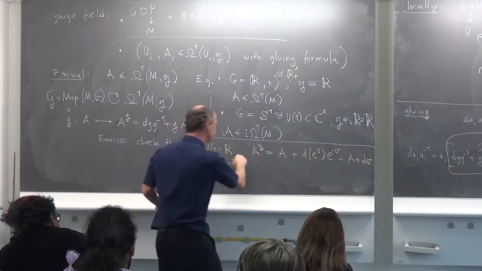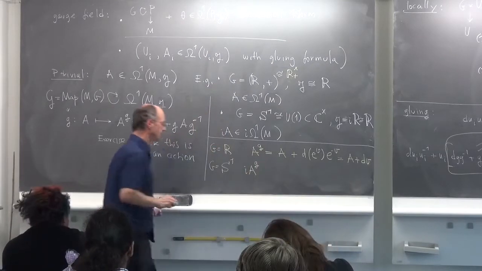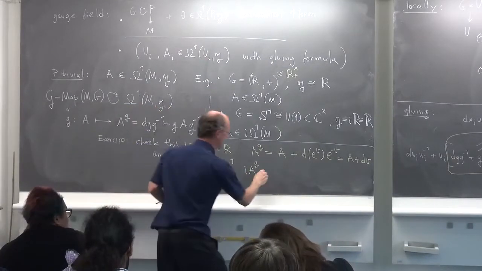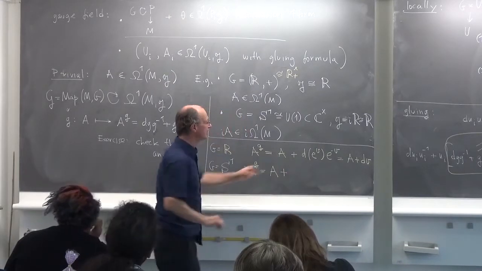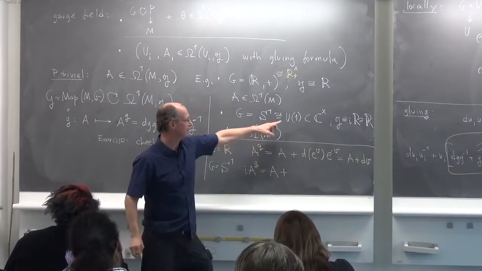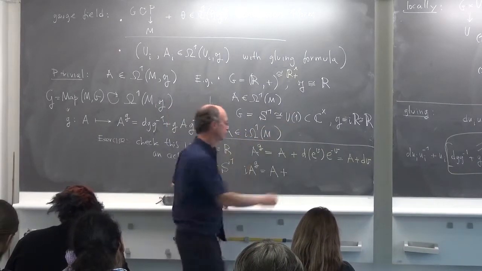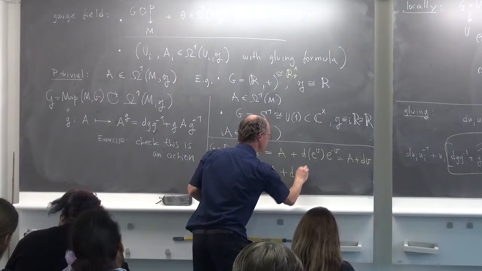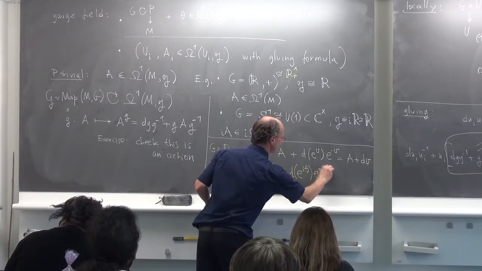In a similar fashion for S1, I write g A g inverse, again no conjugation. And here, well, I should take some unitary complex number. So g, for instance, is exponential i theta, and g inverse is exponential minus i theta.